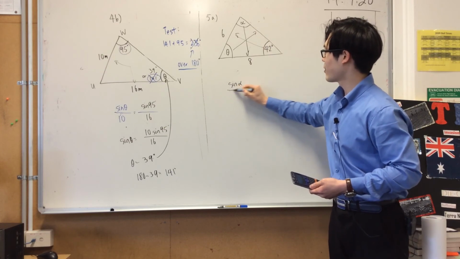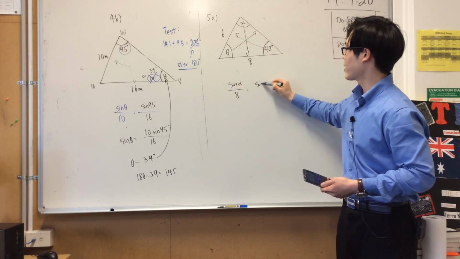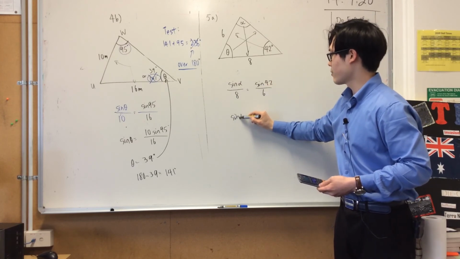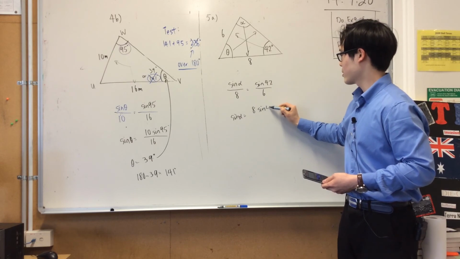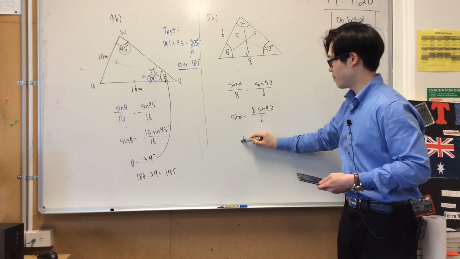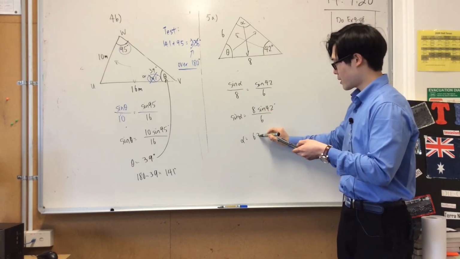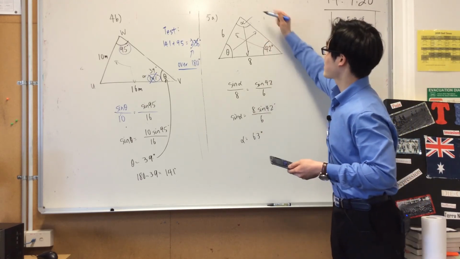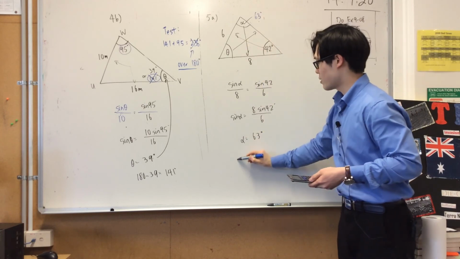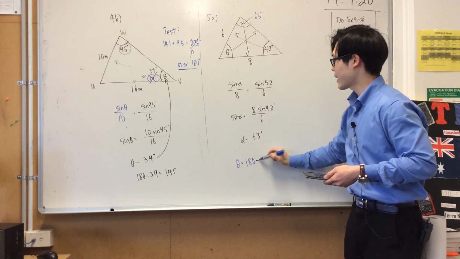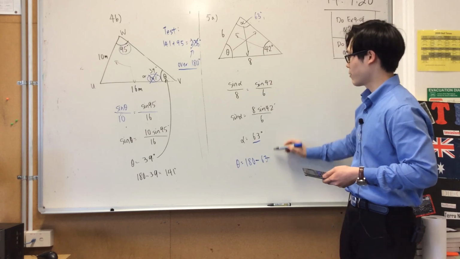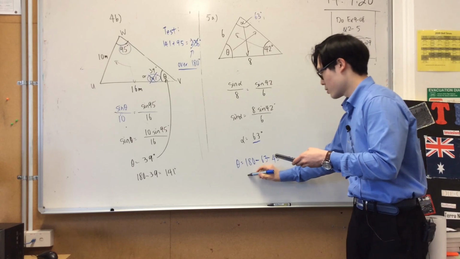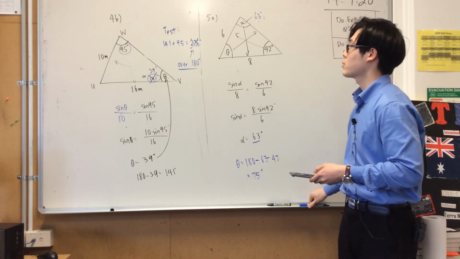Sine alpha over 8 is equal to sine 42 over 6. So just quickly, if I do the calculation, this is 63 degrees to the nearest degree. Then this one is simply 180 take away 63, take away 42, using the angle sum of a triangle. So that's 75 degrees. This is how you would do these two problems.